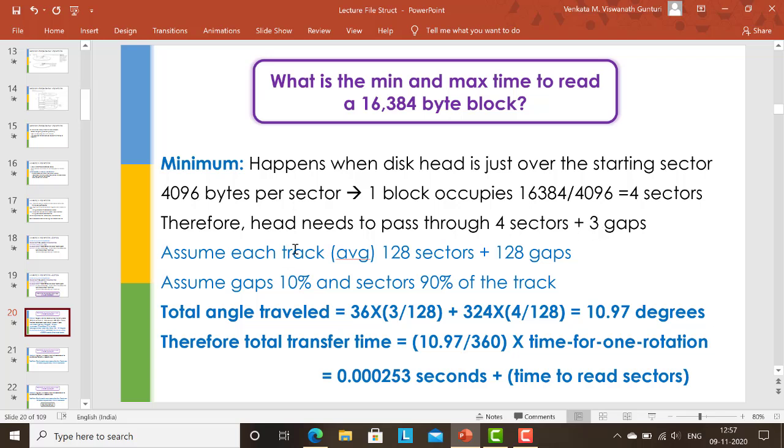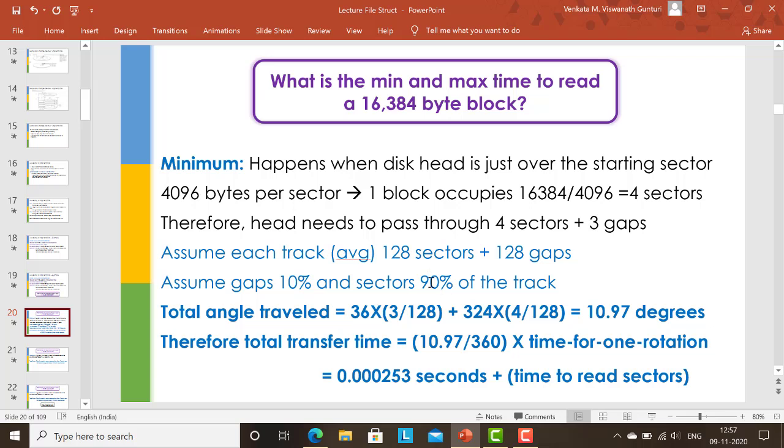So let's make some assumptions. We assume that each track is around 128 sectors and 128 gaps, because they all are laid around a circle. Let's also assume that area wise gaps are 10% and sectors are 90%.